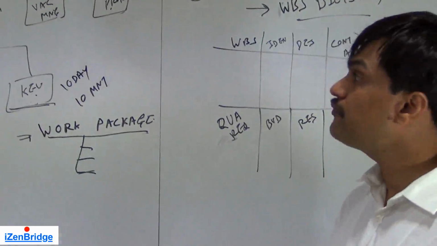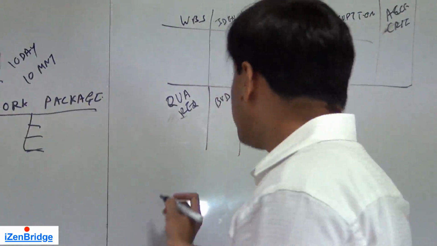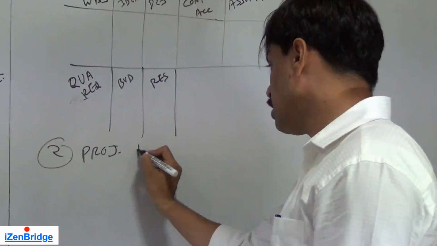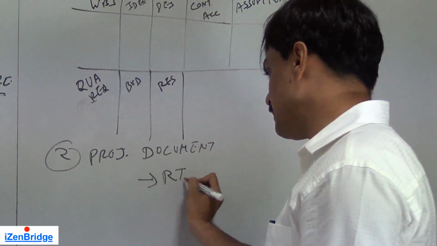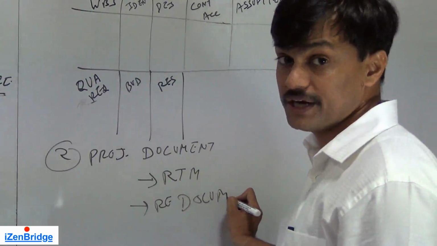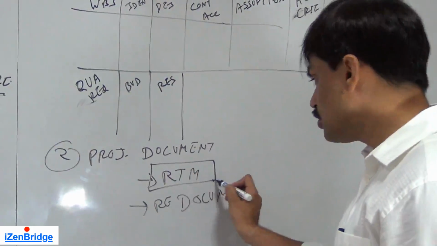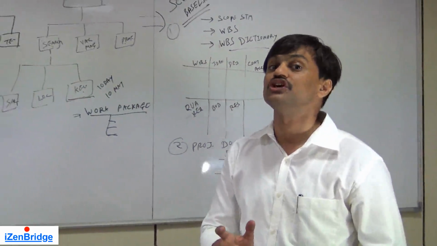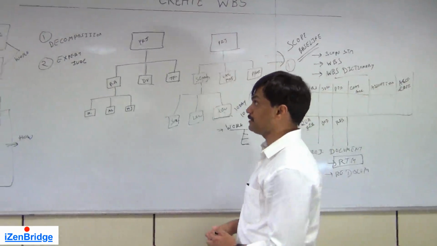The second output coming from create WBS is simple: project documents updates. You may update various project documents, not limited to requirement-related documents, but requirement documents like the requirements traceability matrix and requirements documentation may frequently get updated on the basis of this work breakdown structure, because in the requirements traceability matrix you would like to mention which WBS element is taking care of the implementation of a particular requirement.